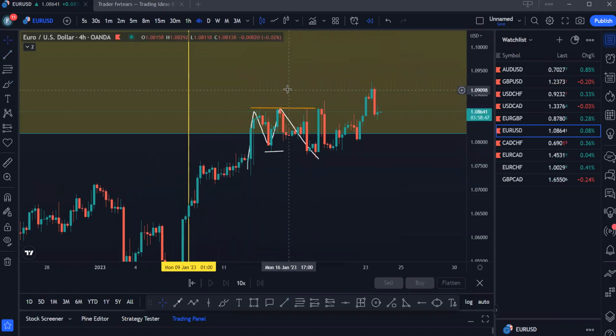So as a smart trader, what you're on the wait for is for people's liquidity to be taken out, okay? Give me a second, guys.